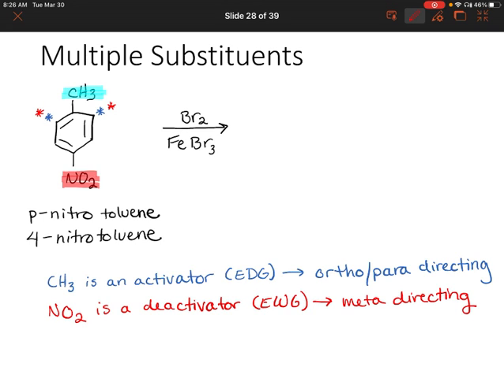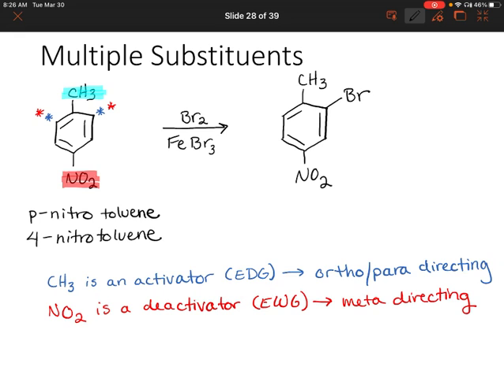So that means bromine is going to add to one of those positions, and it ends up being the same molecule no matter which side you add it to. All right, so our final product looks like that. We've got our methyl and nitro groups opposite each other, and then bromine is right next to the methyl group in the ortho position, but it's also meta to the nitro group. So it all works out.